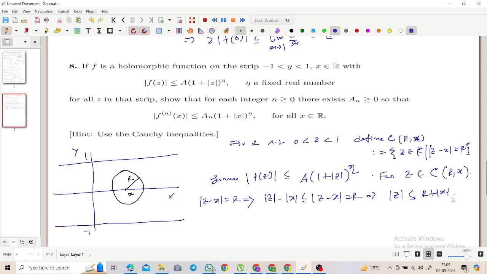Now mod f(z) is less than or equal to A times 1 plus mod z, less than or equal to A times 1 plus r plus mod x, whole to the power eta.